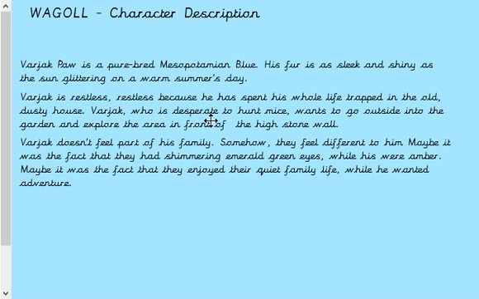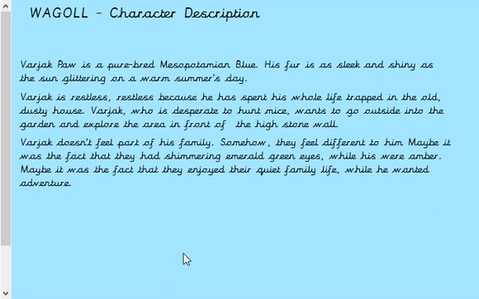Varjak, who is desperate to hunt mice, wants to go outside into the garden and explore the area in front of the high stone wall. Varjak doesn't feel part of his family. Somehow they feel different to him. Maybe it was the fact they had shimmering emerald green eyes while his were amber. Maybe it was the fact that they enjoyed their quiet family life while he wanted adventure.